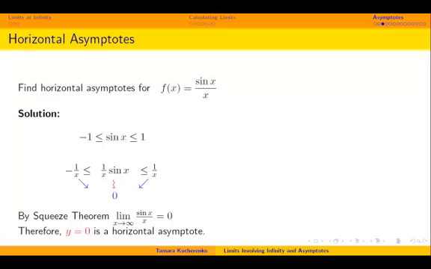The limit at negative infinity is the same because, and you can check that, sine x over x is an even function and is therefore symmetric for positive and negative x.